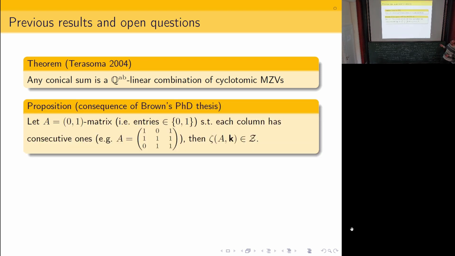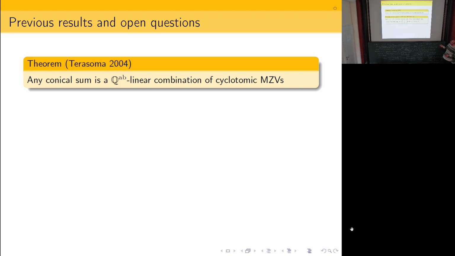So one question is, okay, there are cyclotomic MCVs, but can you predict which kind of root of unity you need? Is there some effective bound on the root of unity if you are given a conical sum? It's not possible to extract such a bound from the theorem of Terasoma.